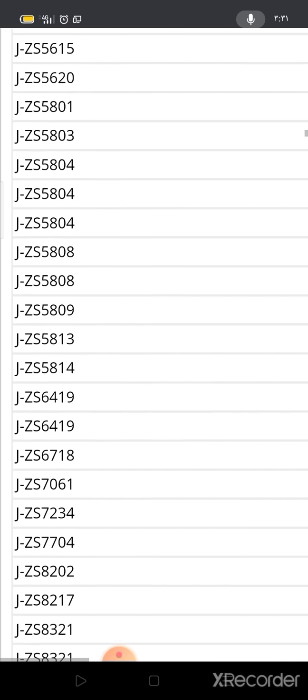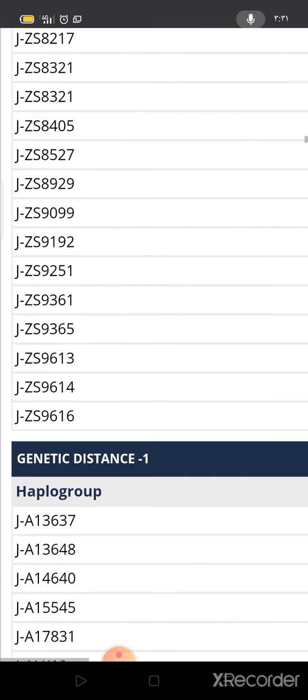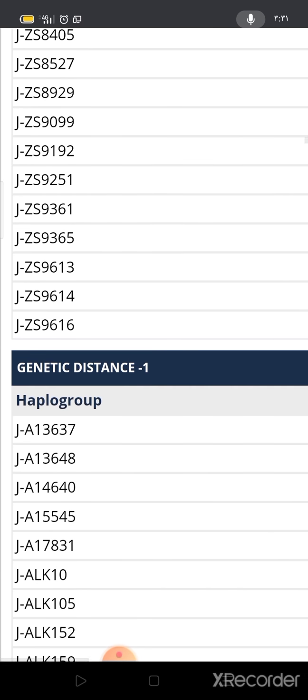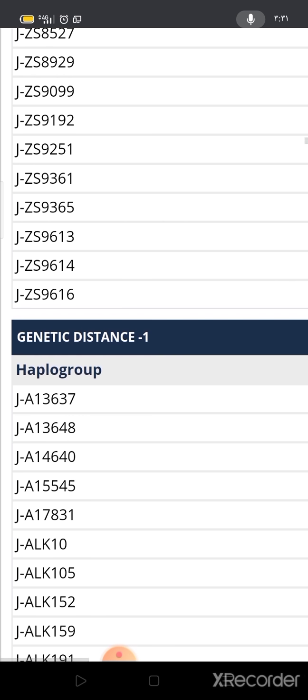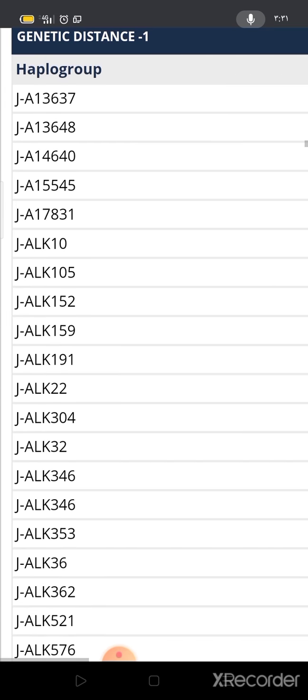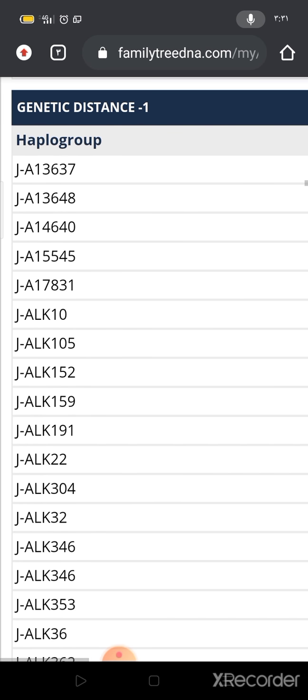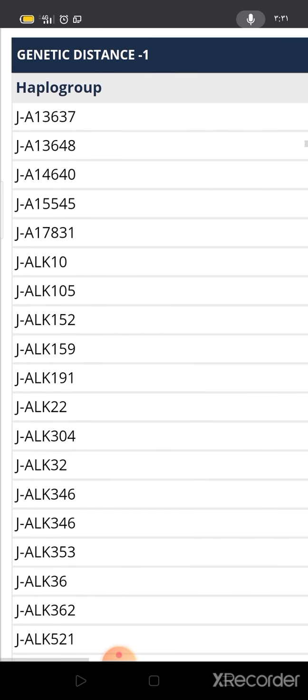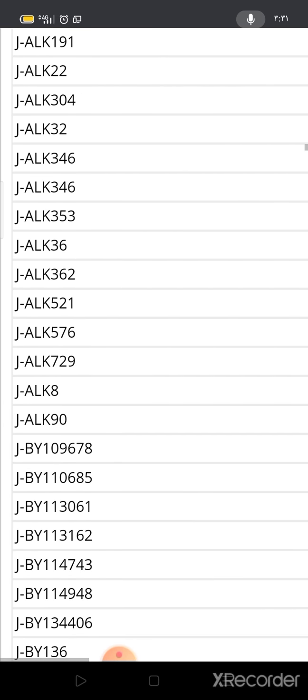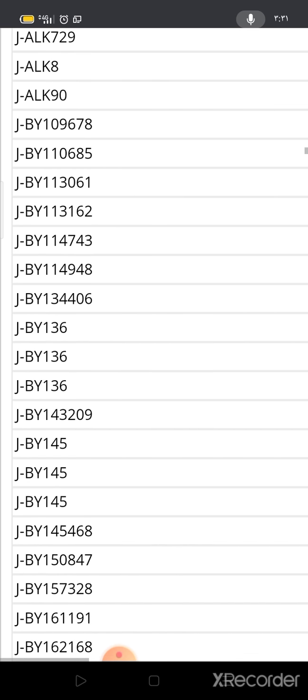You can compare and you can predict which line or which branch you will be in if you did more developed STRs by this way of comparison. This is genetic distance 1, that we have a difference of 1 on the 12 markers. All of these are terminal branches of people who did this test.